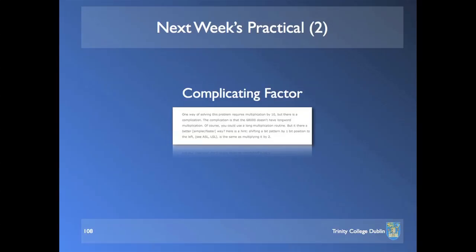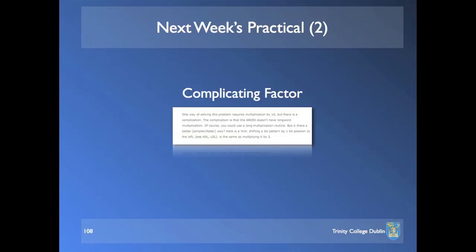The little problem with this is that you can't use the multiply instruction. You probably can't see that, but it's actually in your handout, in the largest paragraph towards the end. One way to solve this problem requires multiplication by 10, but you don't have a long word multiply instruction, as you know to your cost at this stage, no doubt.